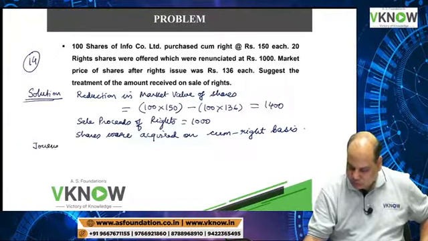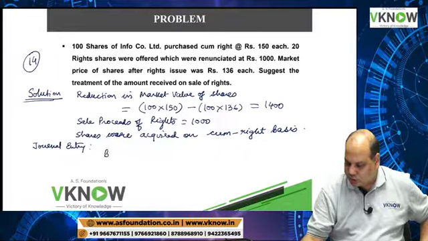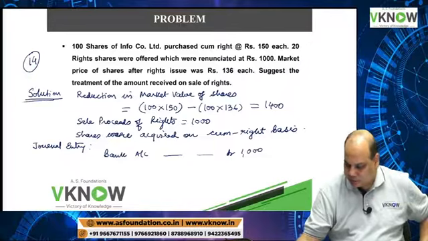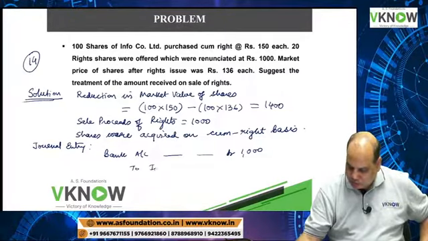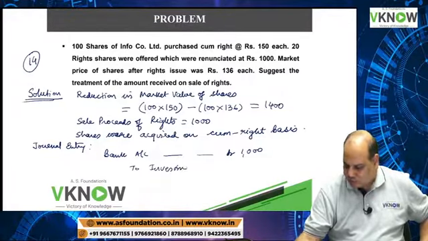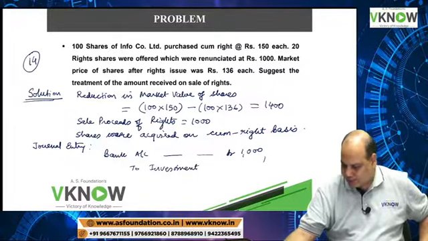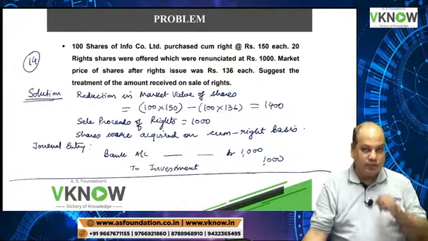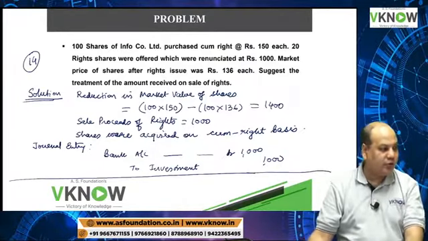Journal entry: we have received only 1,000 rupees. Bank account debit 1,000, to investment account 1,000.